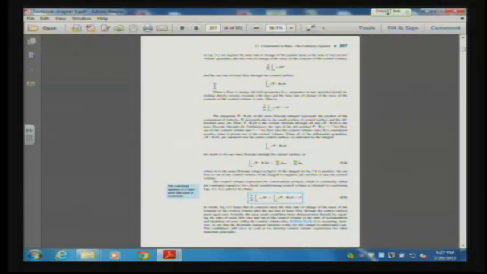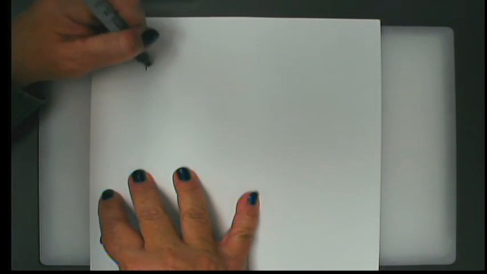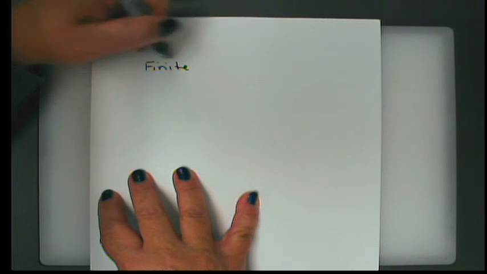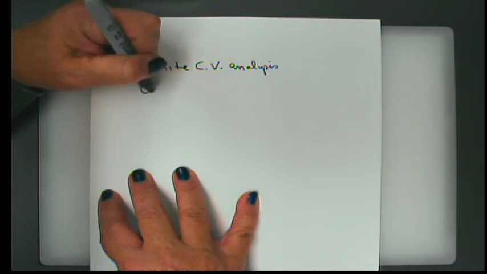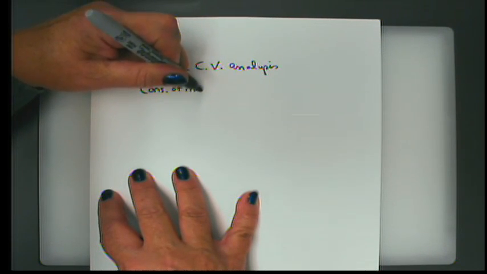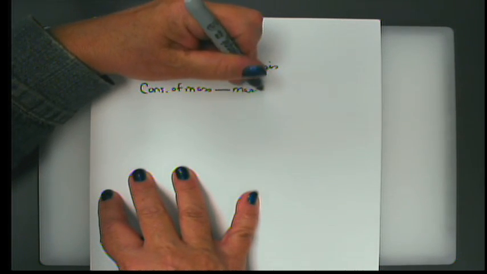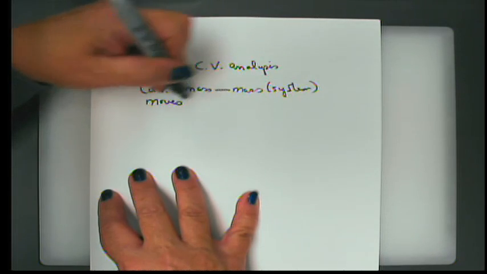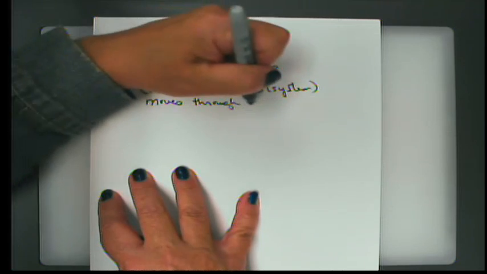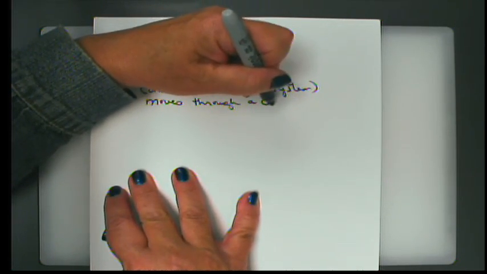So what we're really doing in Chapter 5, when we talk about a finite control volume analysis, is using the ideas of conservation of mass as mass or a system moves through a control volume, a place in space.